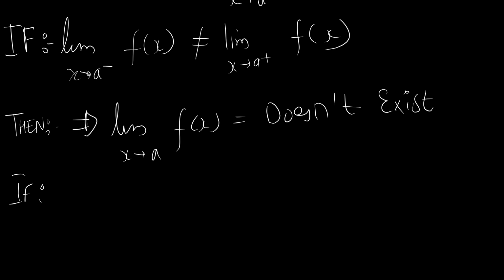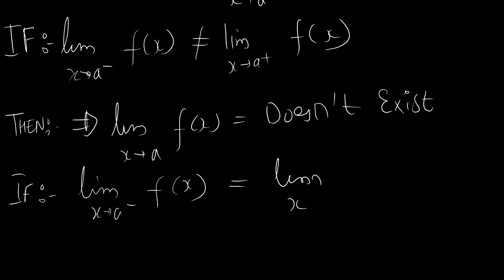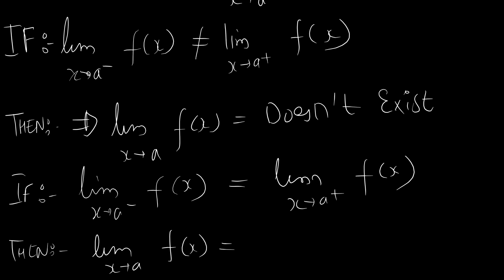If limit x tends to a minus of f of x is equal to limit x tends to a plus of f of x, if both are equal, then limit x tends to a of f of x exists.